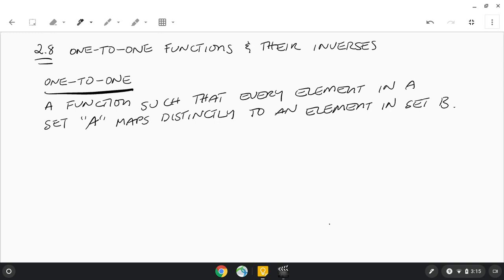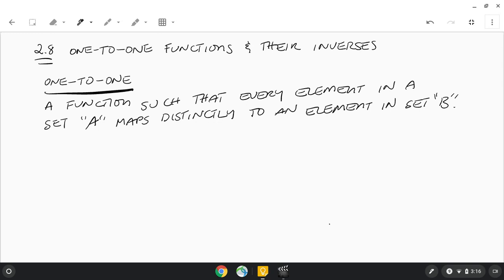A function says it's a relation such that every element in A maps to an element in B. But we saw that for functions, two different x values can actually get mapped to the same y value, and it would still be a function, but it would not be a one-to-one function.